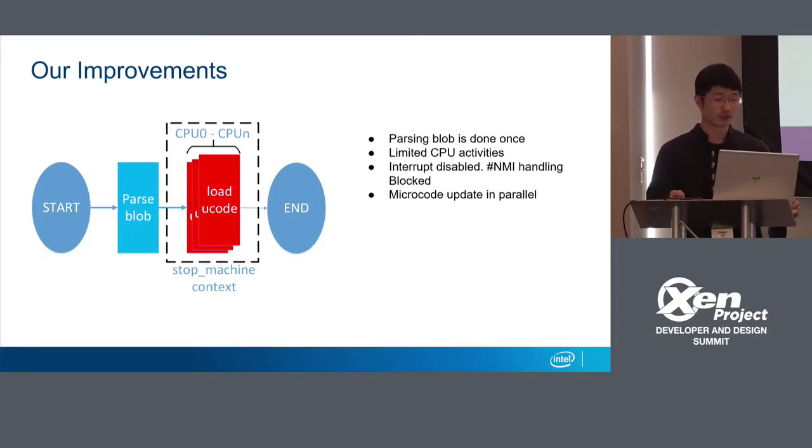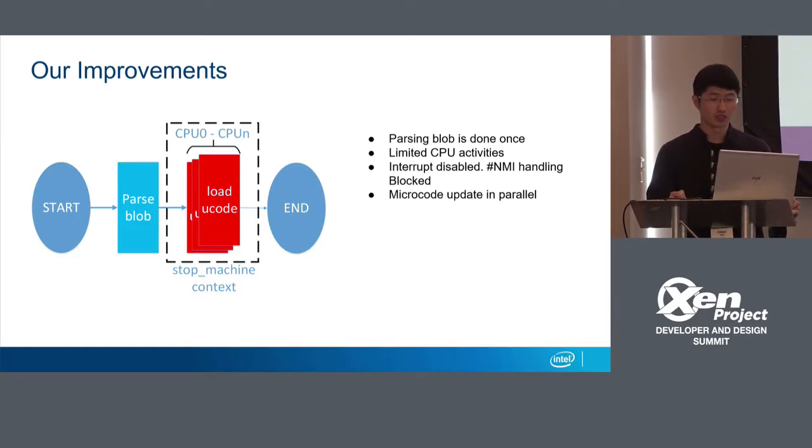We also start from a hypercall from the user space tool, and we parse the blob locally and store the suitable microcode update. It is only done once, and the other CPUs don't parse the blob again. Then we rendezvous all CPUs into a stop machine context. In this context, interrupts are disabled and NMI handling is blocked until all CPUs in the system finish the microcode update.